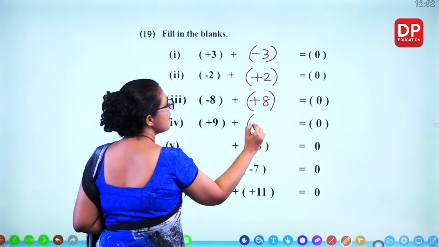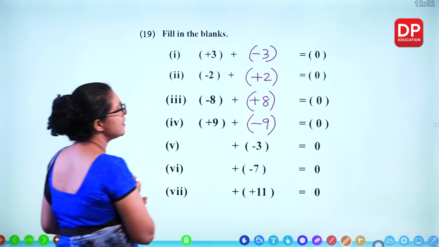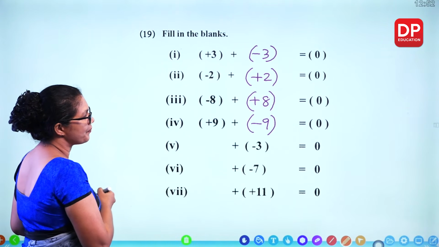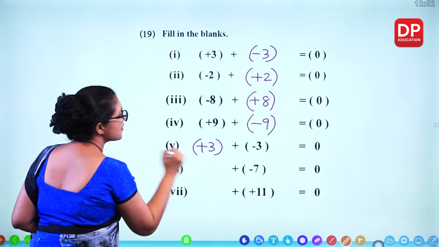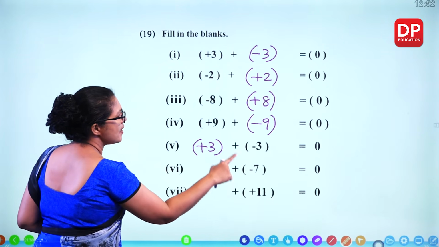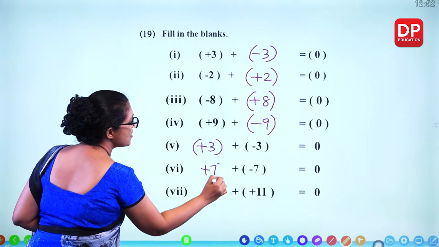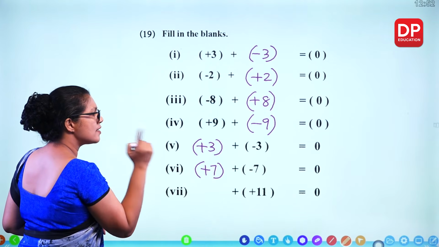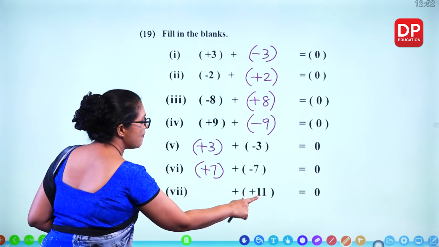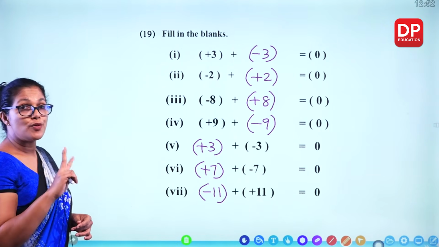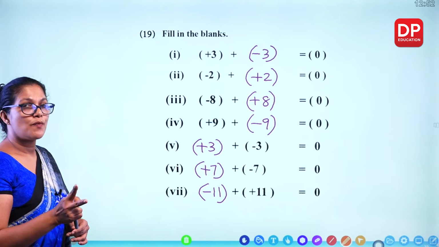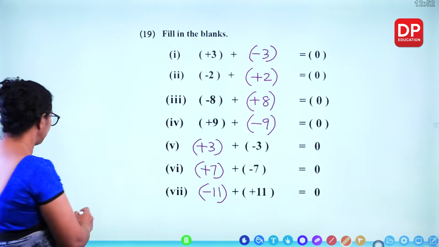Plus 9, when you add minus 9, you get 0. Minus 3, additive inverse is plus 3. Minus 7, additive inverse of that is plus 7 to get 0. Plus 11, additive inverse is minus 11. When you add additive inverse values, you get 0.